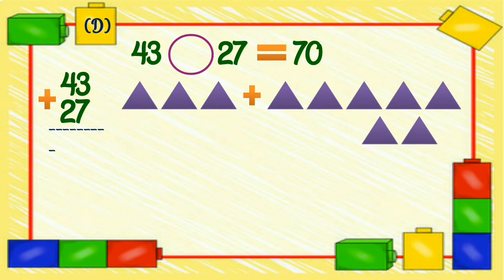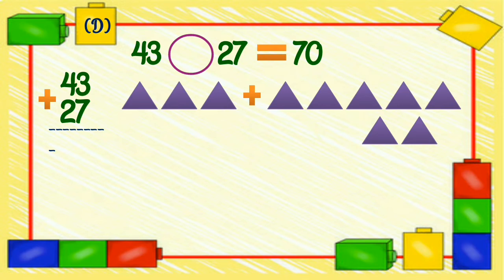So now we count all the triangles: 1, 2, 3, 4, 5, 6, 7, 8, 9 and 10. So we have 10 triangles.